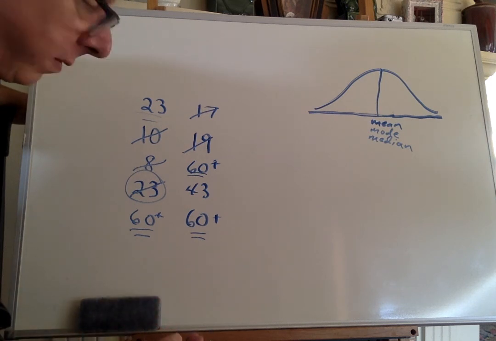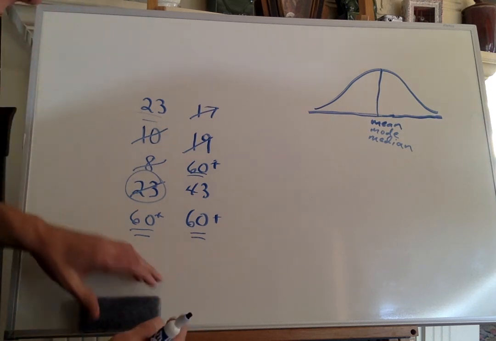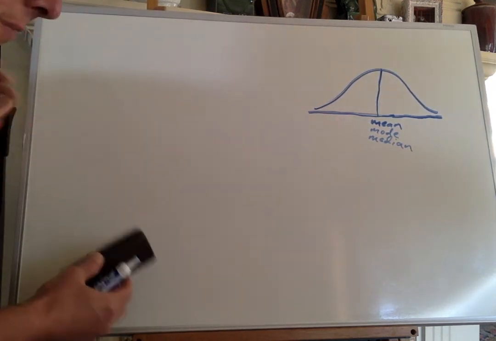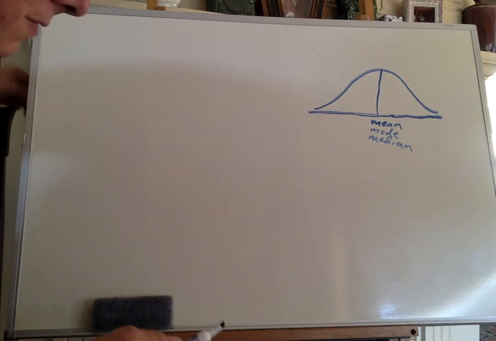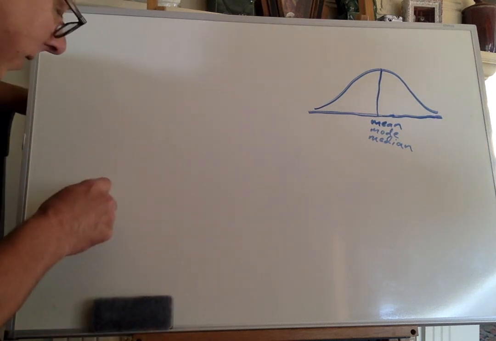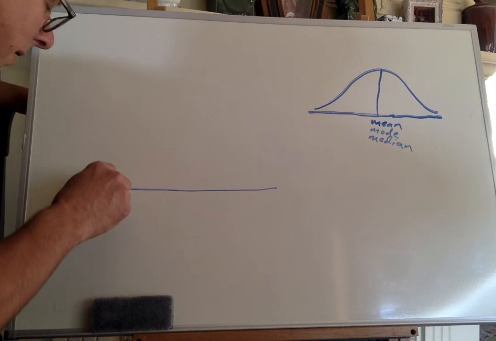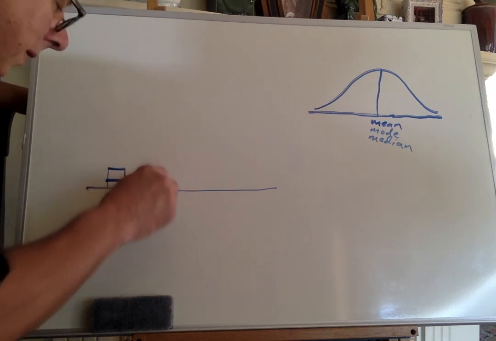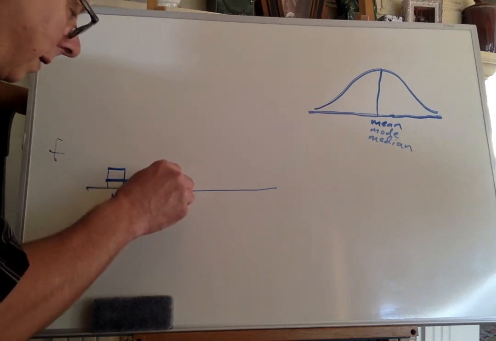All right, well, we're left with when do you use the mode? Well, the mode is very fickle. The mode is very fickle, folks. I mean, we could have a distribution that looks something like this. Let's do this. Remember, these are x values. This is frequency, right?